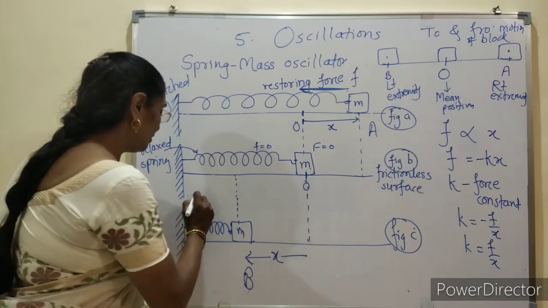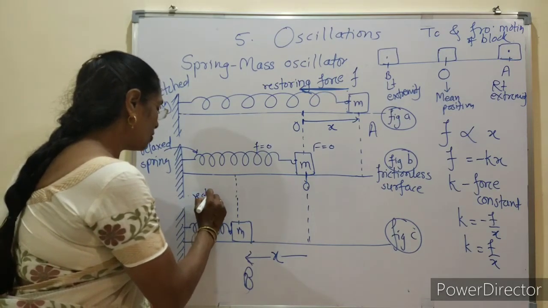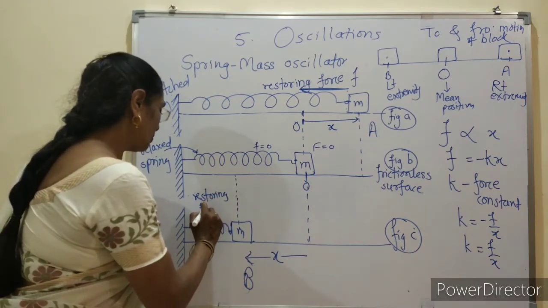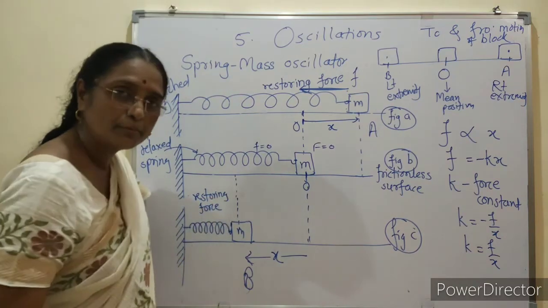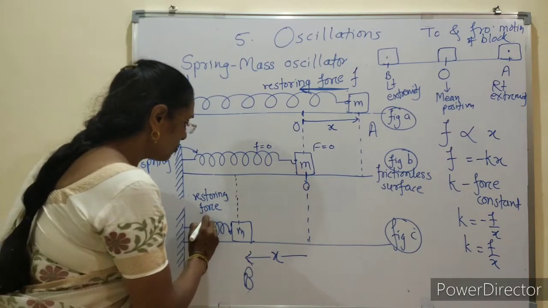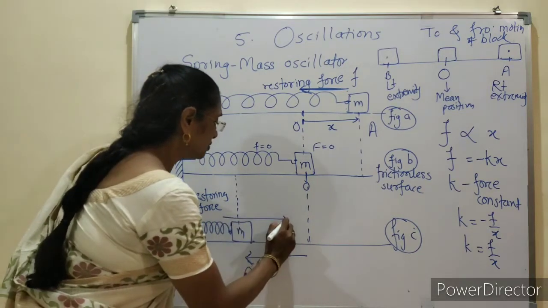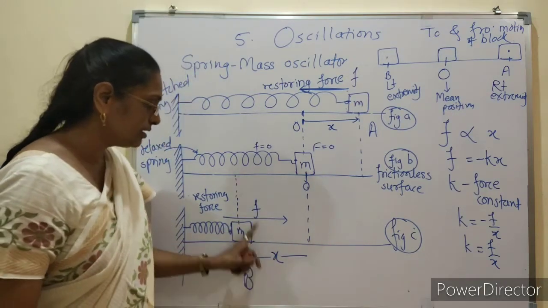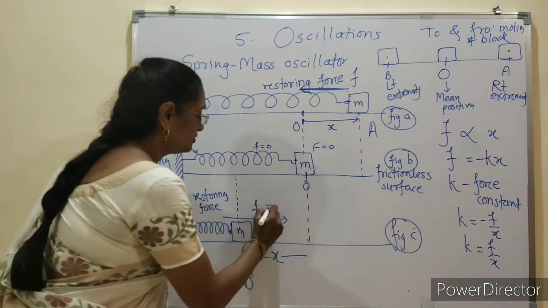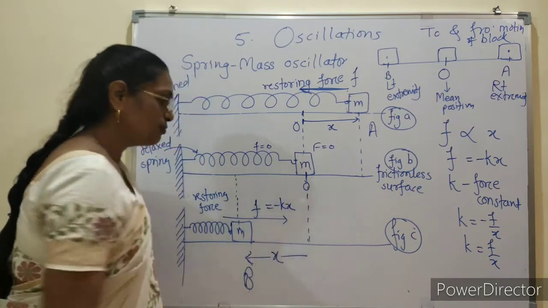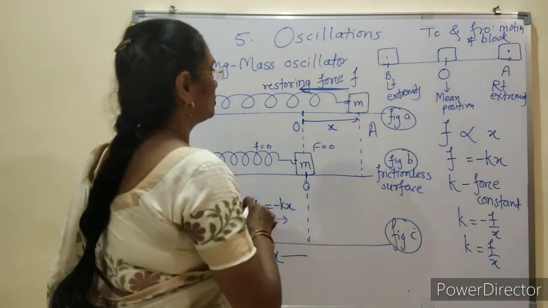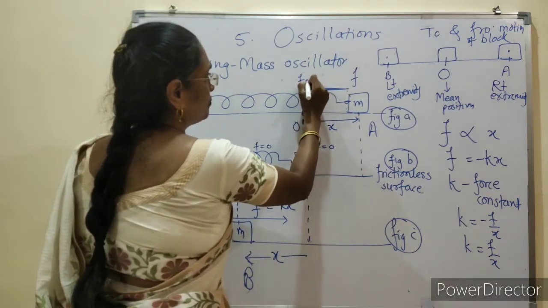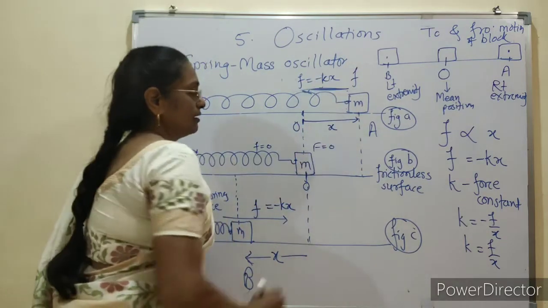Again, on account of its elastic properties, a restoring force is set up in the spring, but the force is towards the mean position. It is again F is equal to minus Kx. In this case also, the restoring force F is equal to minus Kx.